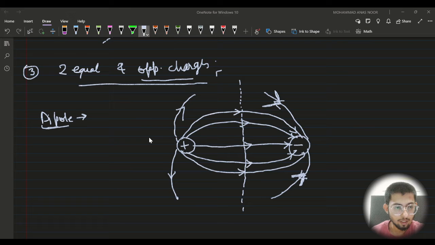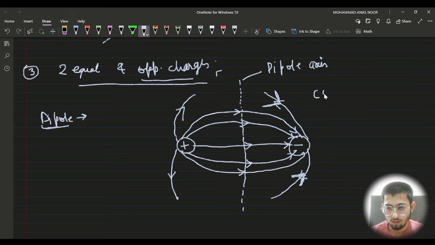So we say that this field is cylindrically symmetric about the dipole axis.